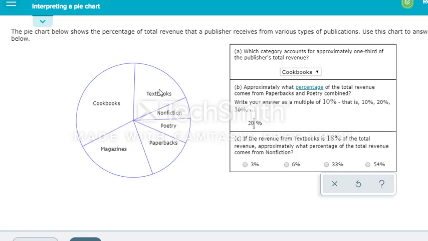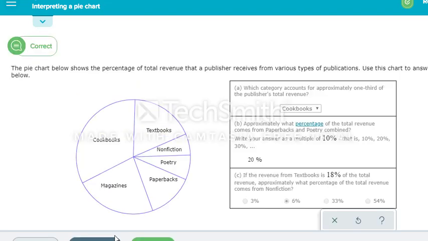So if this is 18%, this should be 1/3 of that. 18 divided by 3 is approximately 6%. Because if this is 6, this is 3 times that. 6 times 3 makes 18. Now let's check whether my answers are correct or not. I got all correct.